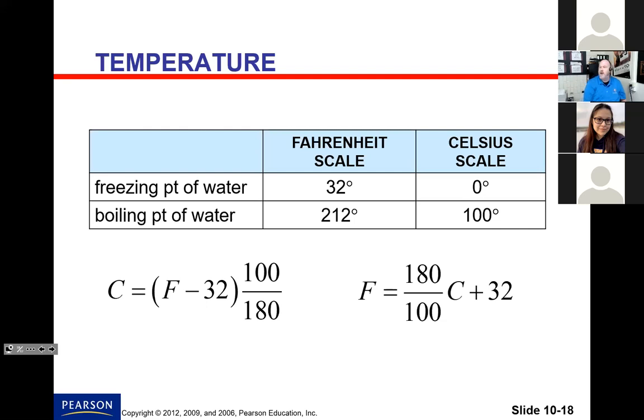I was going to say that these formulas look familiar, but I recall them being 5 over 9 and 9 over 5. Yeah, it's the same thing, but all you're doing is reducing the fraction down. You'll see them like that. They're often reduced. You could actually use it as a decimal if you wanted to. There are variations on that formula. Yeah, 9 over 5 or 5 over 9.